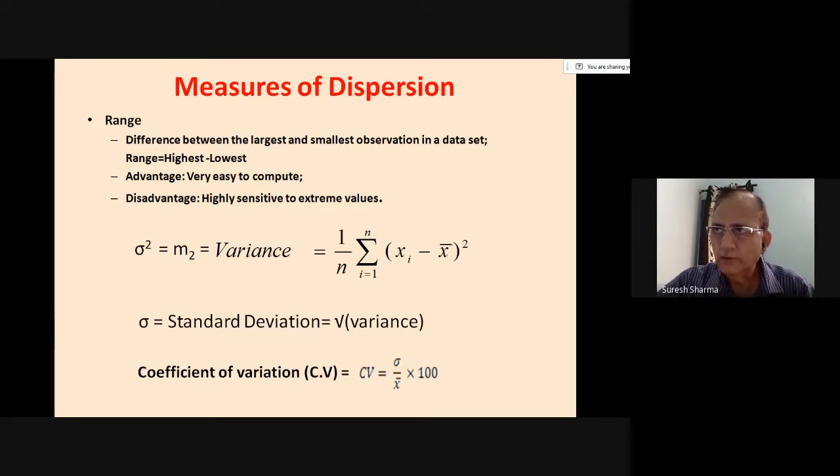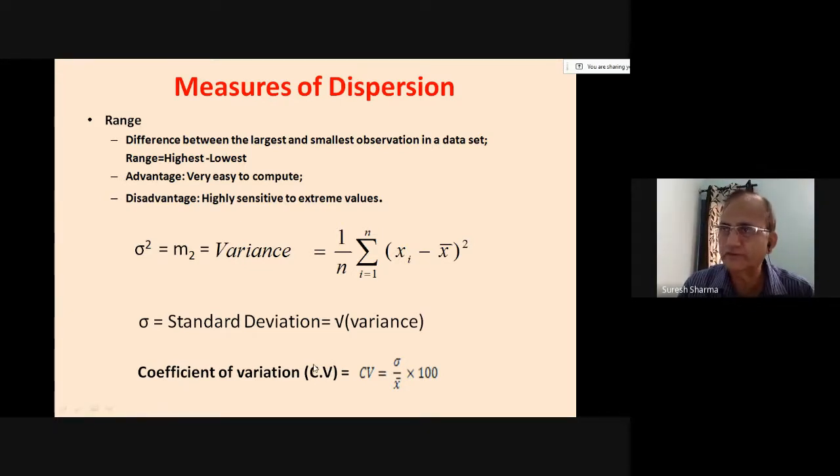Now the question is whether height has more variation or weight has more variation. Even if you compute variance or standard deviation, they will come in different units. One will be centimeter, another will be kg. You cannot compare them. But I want to see whether height has more variation or weight has more variation. That's why we compute coefficient of variation.